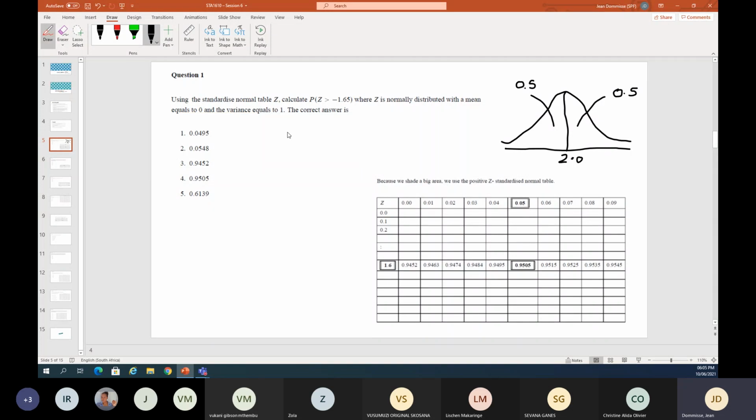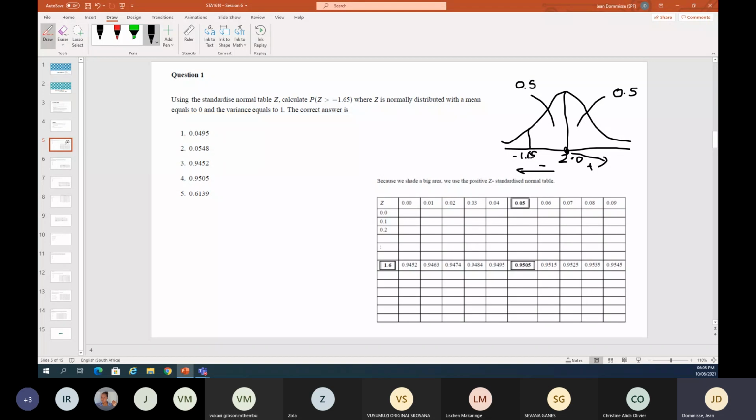The first thing that we look at in this question is using the standard normal table Z, calculate that the probability is bigger than minus 1,65. Again, if Z is 0 there, to that side it's positive and to this side it's negative.